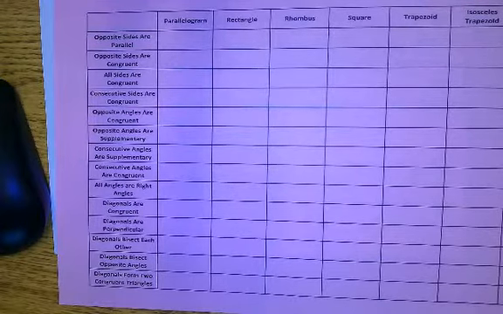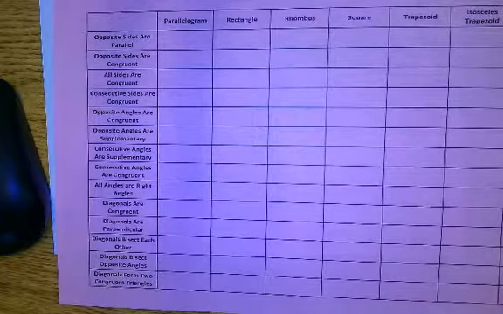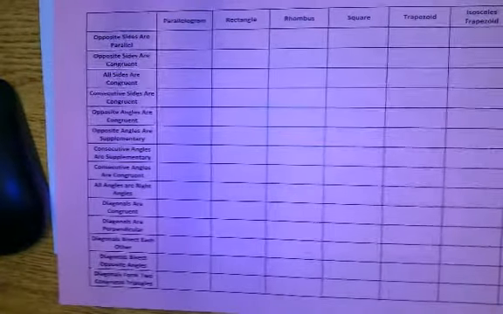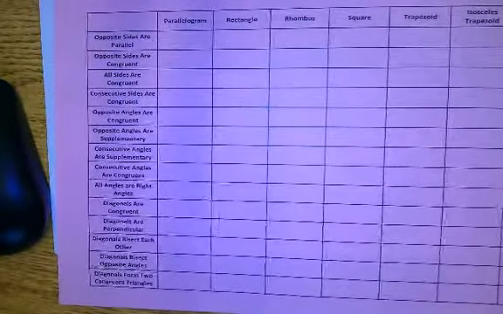Wait, are the diagonals congruent? You should only have 6 check marks. 1, 2, 3, 4, 5, 6. I don't think the last one is right. It says it on here.